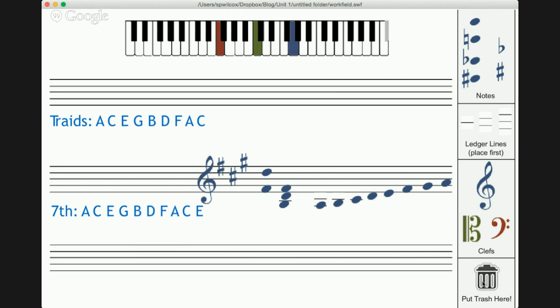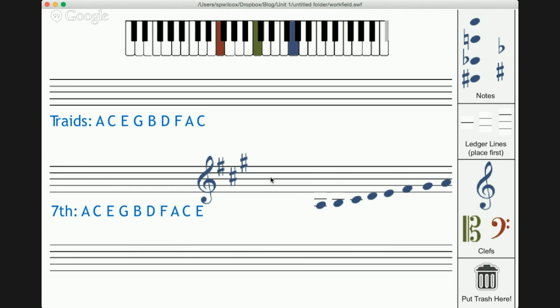So let's move and try this again with a minor scale, because that can be a little bit more complicated, but let's not change the key signature. What minor scale has the same key signature as A major? Well, remember we said it starts on the 6th scale degree. So 1, 2, 3, 4, 5, 6.